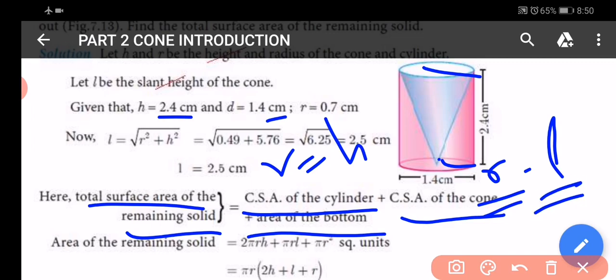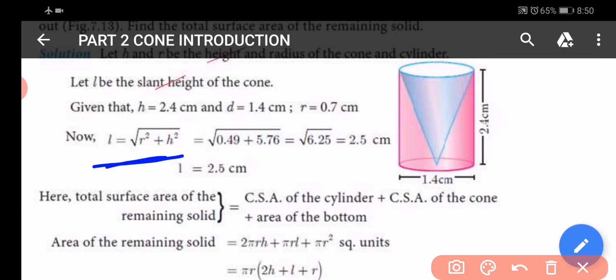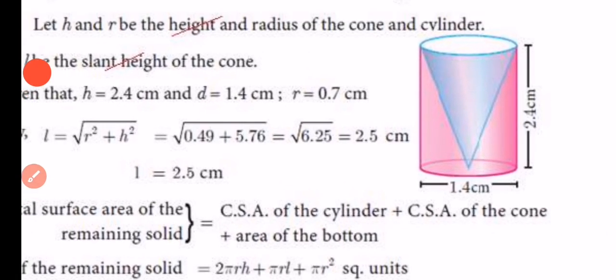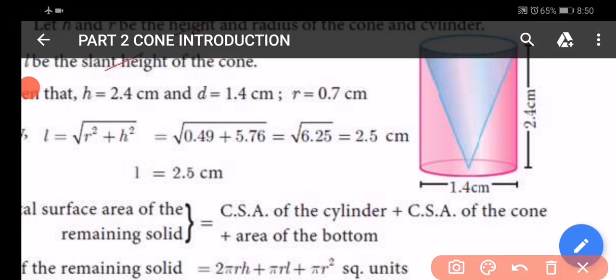Now we are going to find the slant height of the cone. So slant height of the cone l equal to square root of r squared plus h squared. r is 0.7, so r squared is 0.49, and h is 2.4, therefore h squared is 5.76. Adding, we get 6.25.